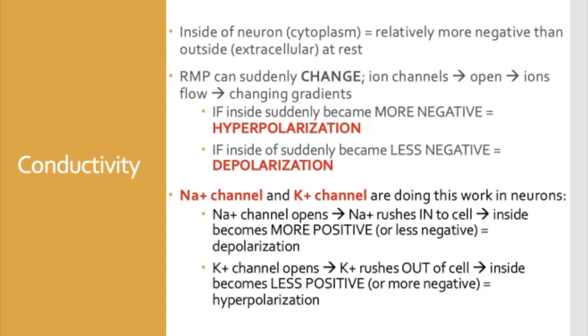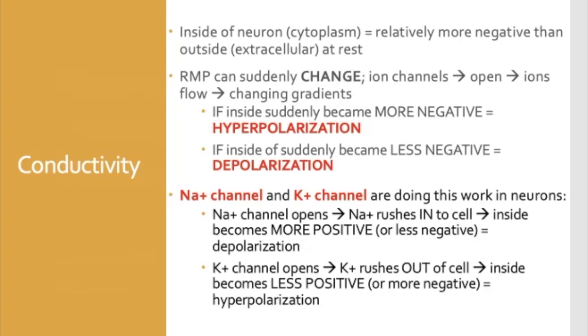That makes sense. And some of those molecules carry a charge. So there's also a difference in charge. There's a charge gradient across any plasma membrane on any cell. That's called resting membrane potential.